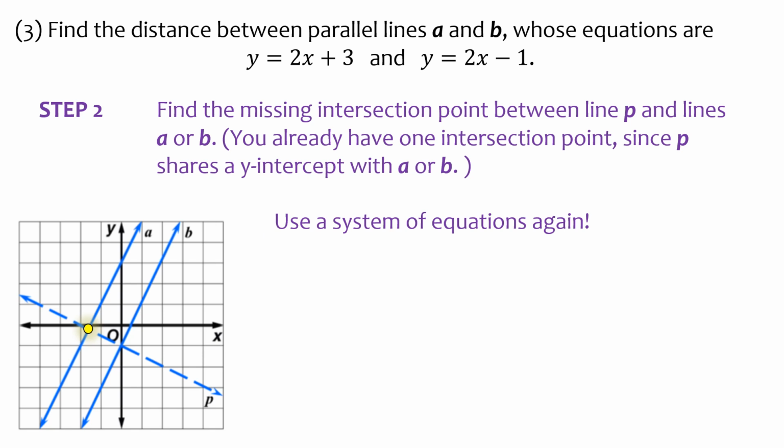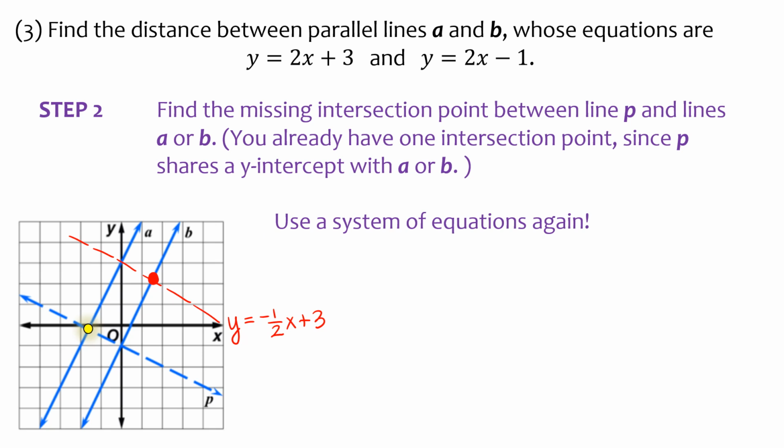Okay, so the equation I am using for P, I realize this is a little confusing because I went with the other line. Let me sketch it here. The equation that we just wrote for line P is y equals -1/2 x plus 3. And I need to know this intersection point between line P and line B. And from the graph, we can tell it's not exactly going to be a nice point.